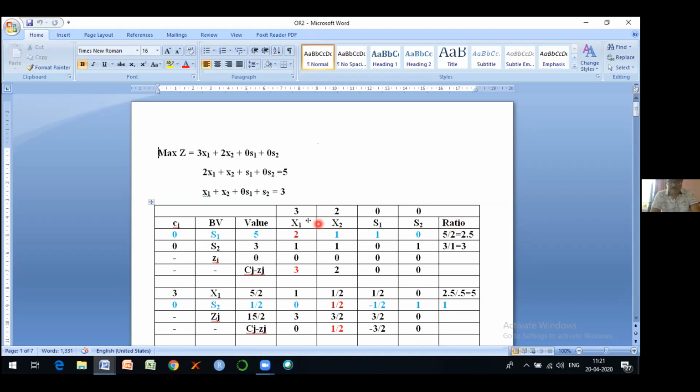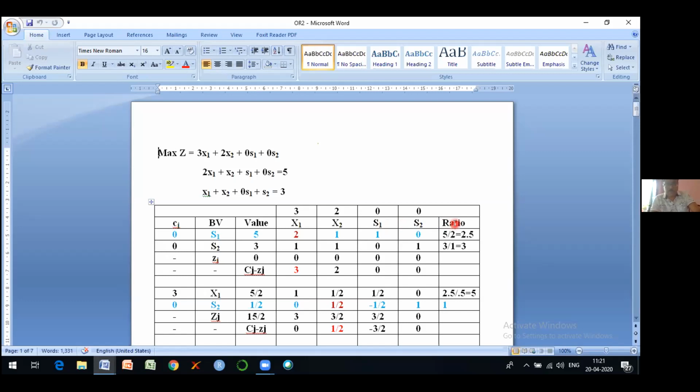Saying the first row again: first Cj, then basic variable, then value of the basic variable, then our original variables x1 and x2, and after that the slack variables s1 and s2, then ratio.